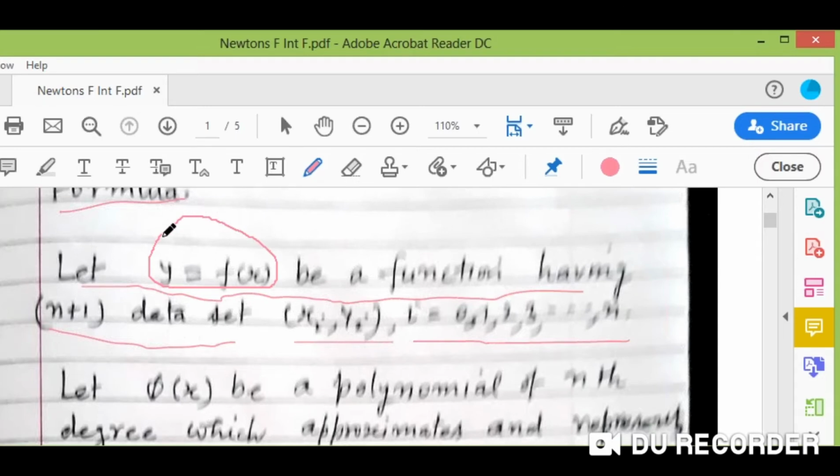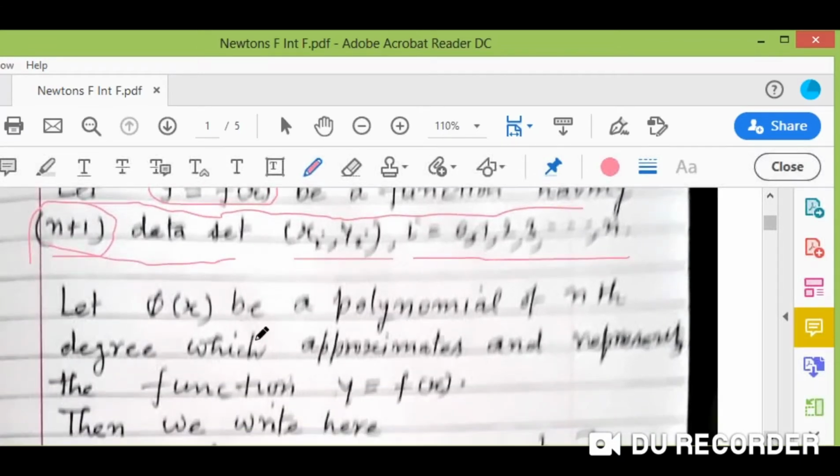But corresponding to this function, we have generated a data set. That data set is n plus 1, its value ranging from 0 to n, and therefore this is n plus 1. Now let us consider a polynomial. Now the role of the polynomial has started. Let phi(x) be a polynomial of nth degree which approximates and represents the function y.